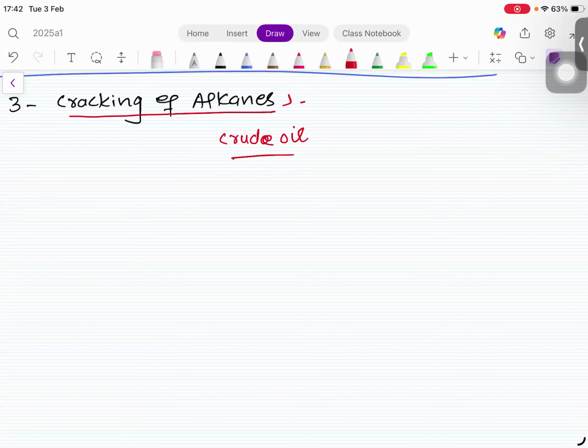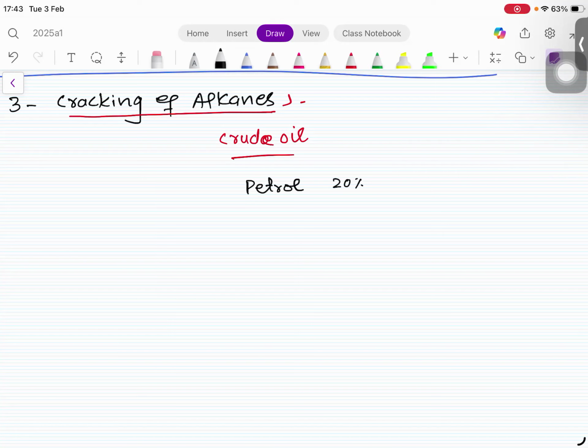Let's say, just for the sake of argument, you are not supposed to copy this. This is not original data. I'm just, for the sake of argument, going to construct data. For example, let's say when I did the crude oil fractional distillation, I got petrol that was roughly 20% of the total crude oil which I did the fractional distillation on, okay?